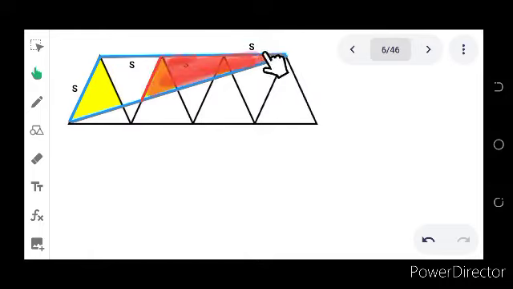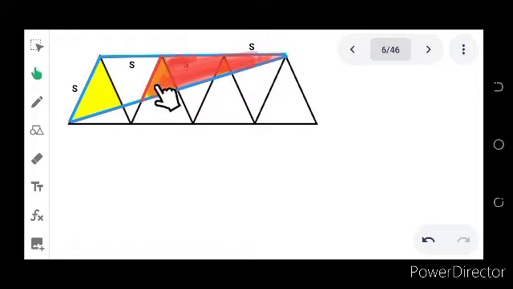This blue triangle, this green triangle, and this red triangle have the same shape, only different in sizes. So these are now similar. We're going to find the measure of this side because this is one of the sides of the original yellow triangle.